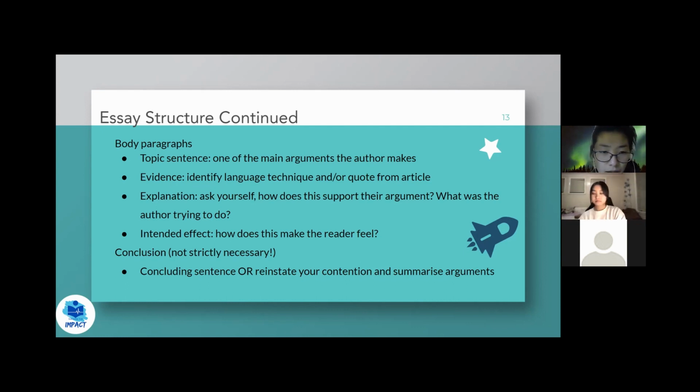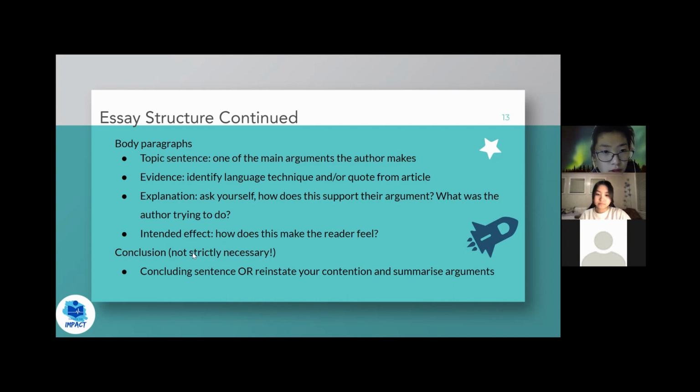Try to have a different PRT to the last one that you used, and then explain that. Explain that and identify it with the meta language. And then intended effect is probably the most important part. Analyzing why the author has chosen this technique, as in how does it position the reader to think or feel.